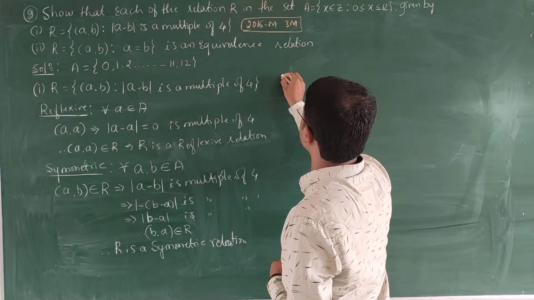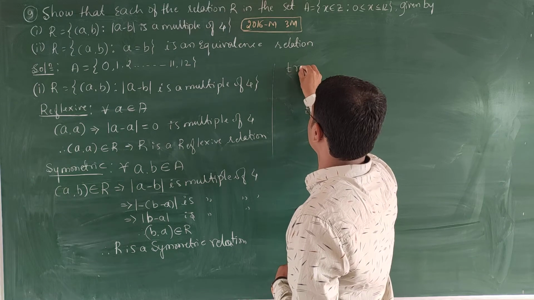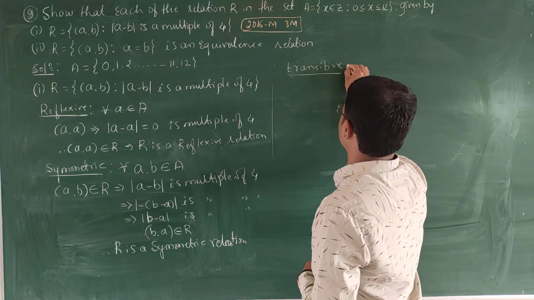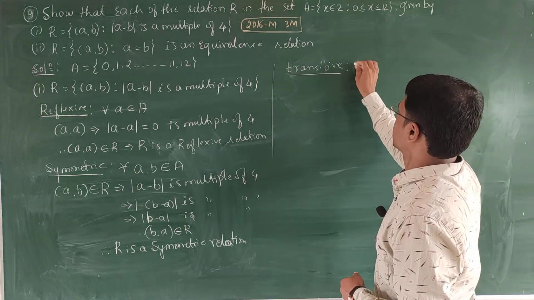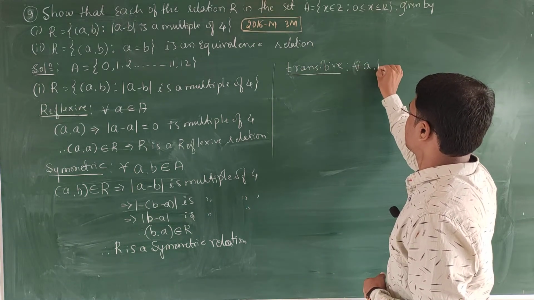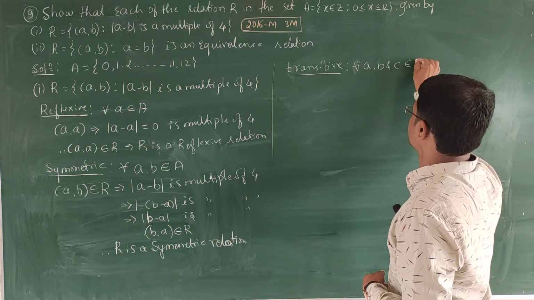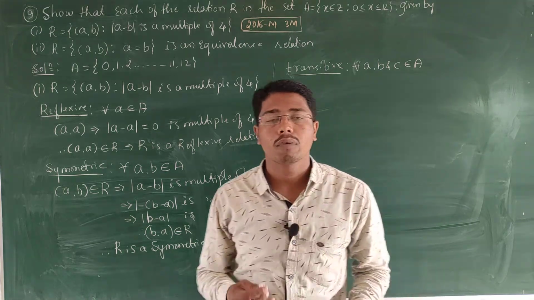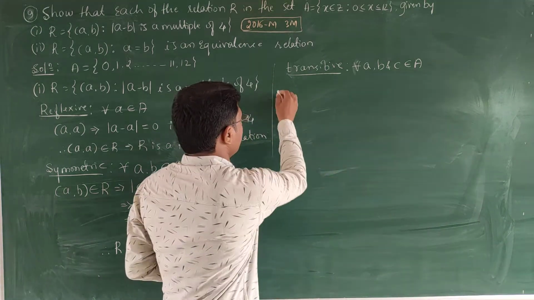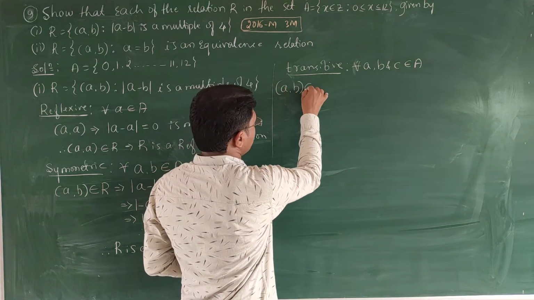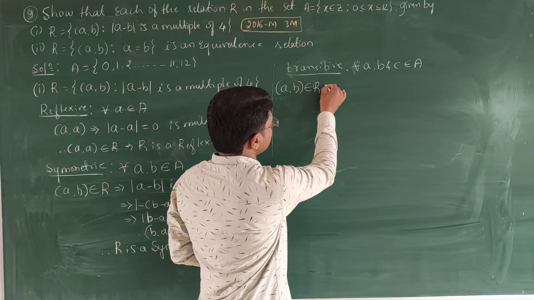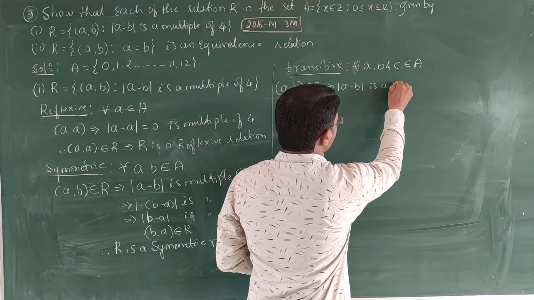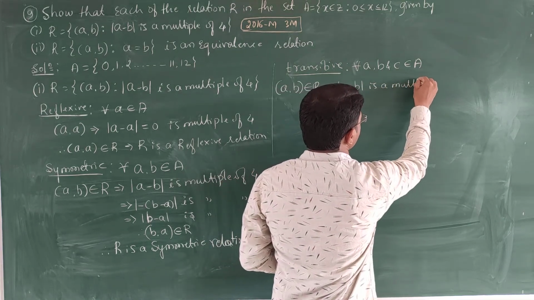Let a, b and c belong to the set A, and (a, b) belongs to R. This implies |a - b| is a multiple of 4.